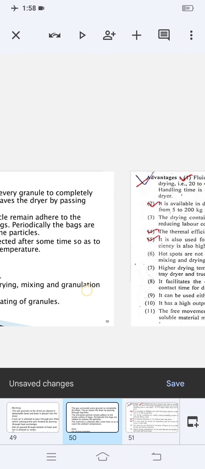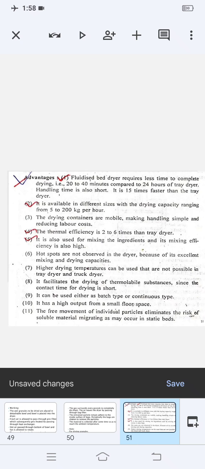Let us see what are the various advantages of FBD. First, it requires very little time to complete drying. It means 20 to 40 minutes compared to 24 hours for the tray dryer. It is available in various sizes, 5 to 200 kg per hour. Third is, the drying containers are mobile, making handling simple and reducing labor cost.